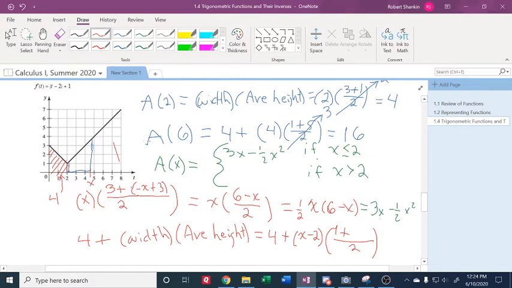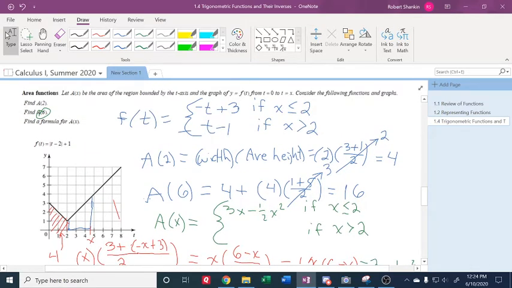But what was the equation of this line? Well, let's scroll up a little bit. The equation of this line was f of t is t minus 1.